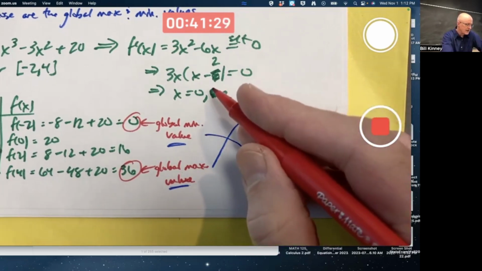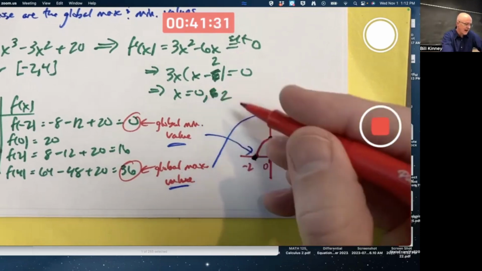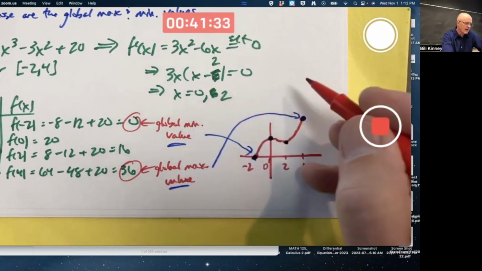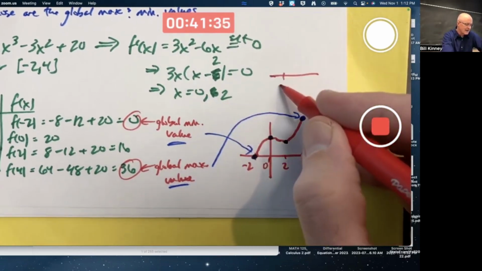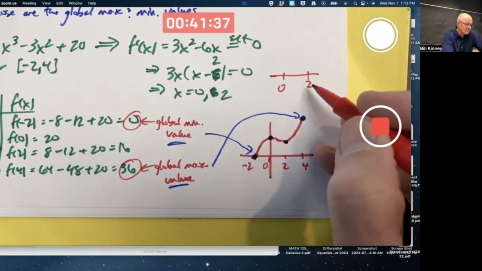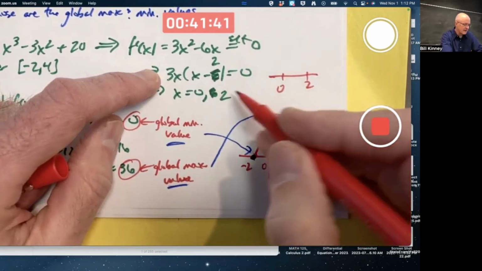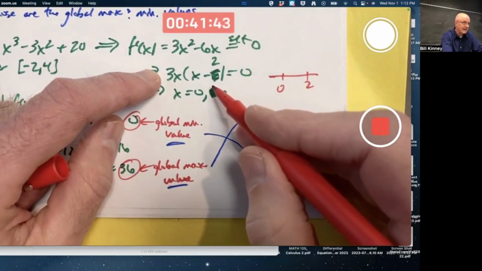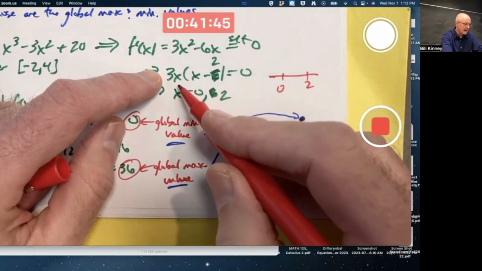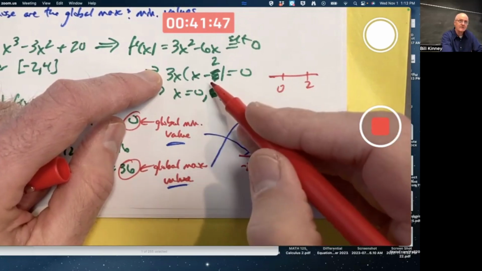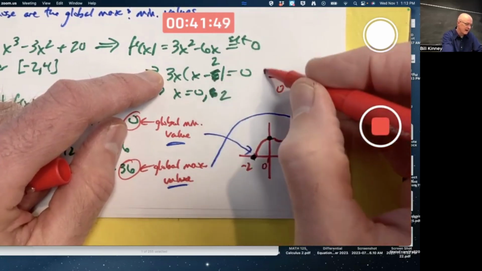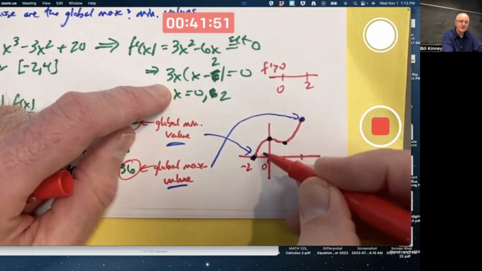Does this derivative change from positive to negative as x increases through 0? Drawing a number line is helpful. Imagining plugging numbers in is also helpful. If you plug a number less than 0 into here, like -1, you get a negative times a negative, positive, f prime's positive. Oh yeah, I can see it in the picture.